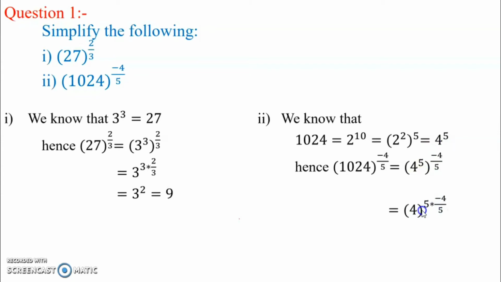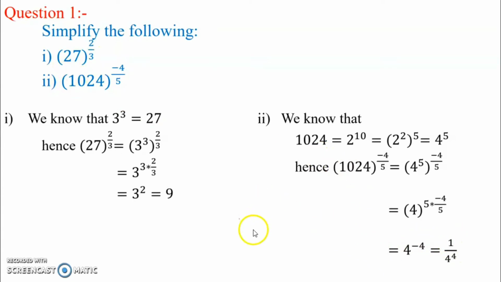This 5 and this 5 will get cancelled and you will get 4 raised to minus 4. And what is 4 raised to minus 4? It is the same as 1 upon 4 raised to 4. So the simplification of this term is 1 upon 4 raised to 4.